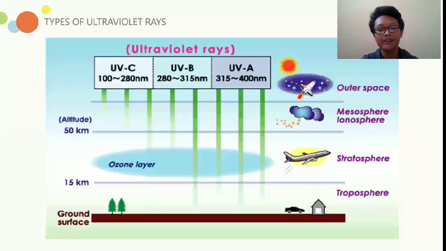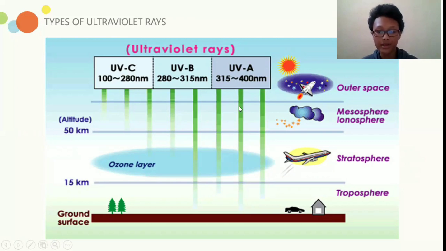According to the US Navy's ultraviolet radiation guide, UV is generally divided into three subbands. The first is UVA. UVA is not absorbed by ozone. The wavelength is about 315 to 400 nanometers.